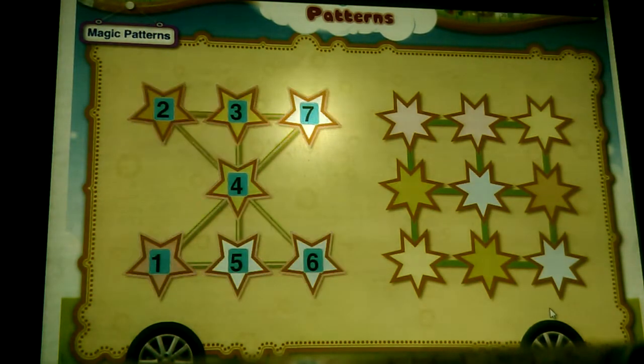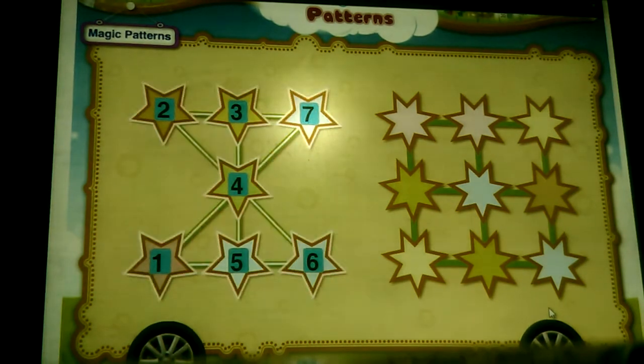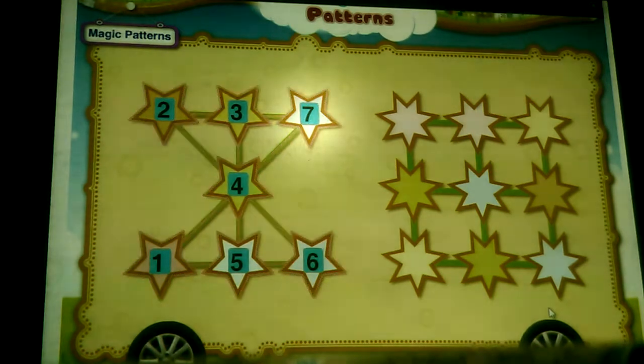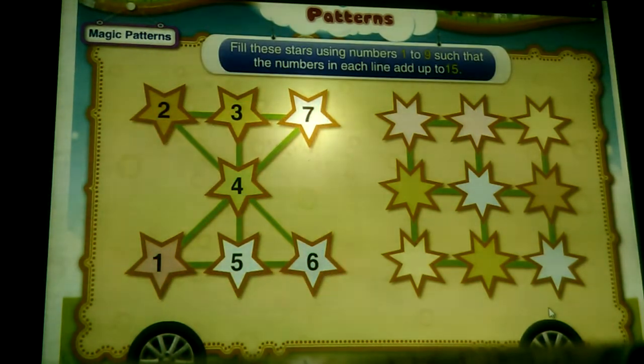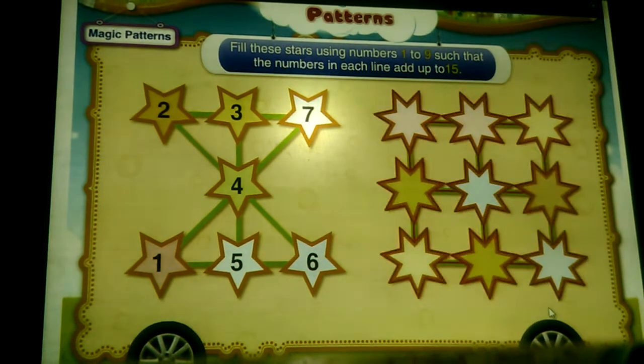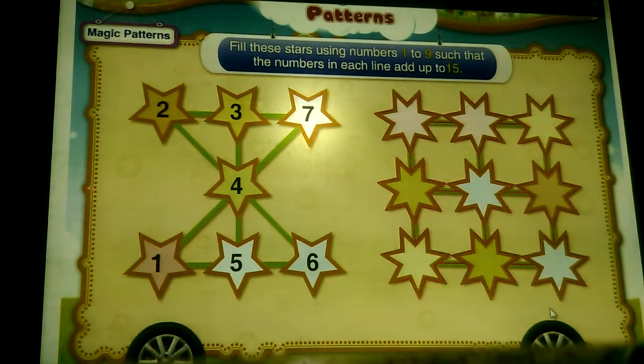The numbers 1 to 7 are shown in this pattern. The numbers in each line add up to 12. Now, fill these stars using numbers 1 to 9 such that the numbers in each line add up to 15.